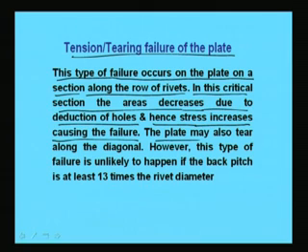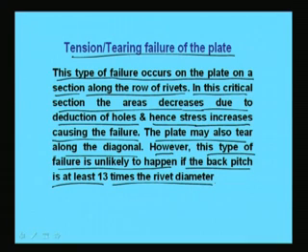The plate may also tear along the diagonal. However, this type of failure is unlikely to happen if the back pitch is at least 1.3 times the rivet diameter. So, if we keep back pitch sufficiently, then this type of failure can be avoided.